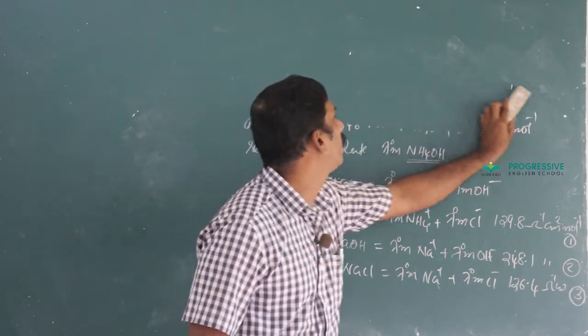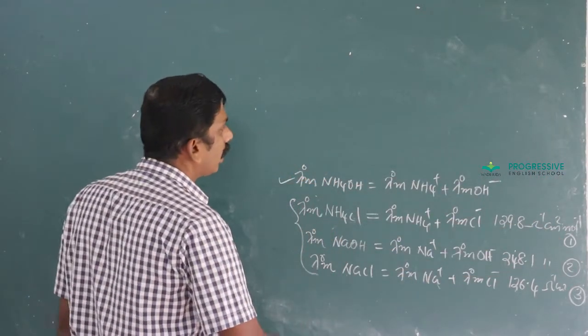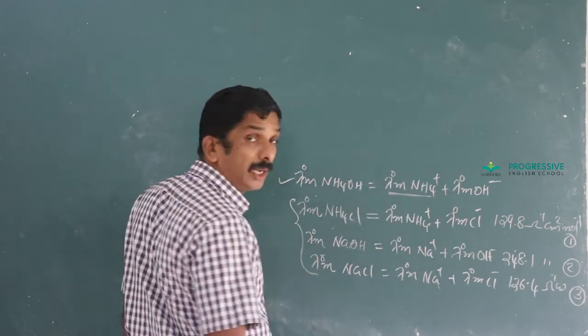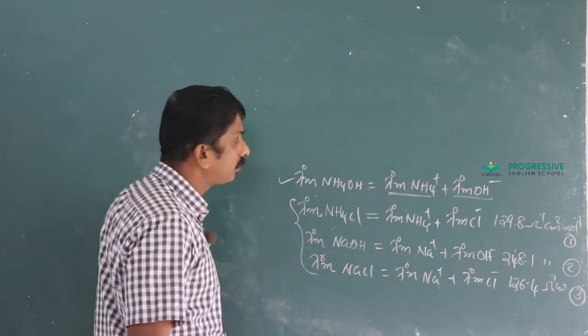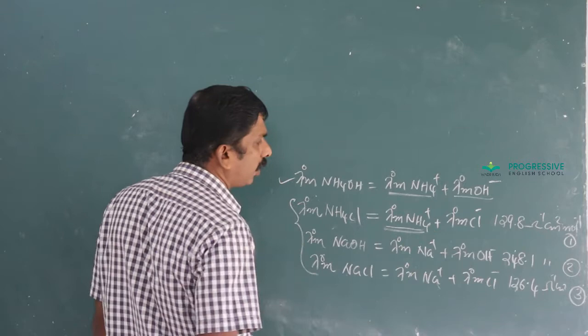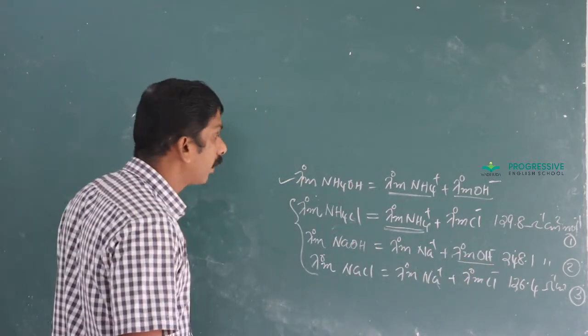By applying suitable mathematical operations, in our required equation the cationic part is NH4 plus and the anionic part is OH minus. The first equation contains NH4 plus and the second equation contains OH minus.